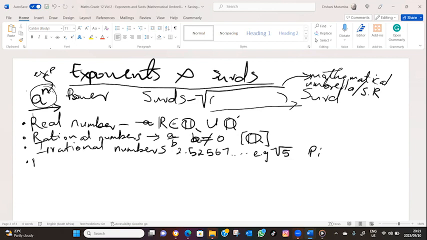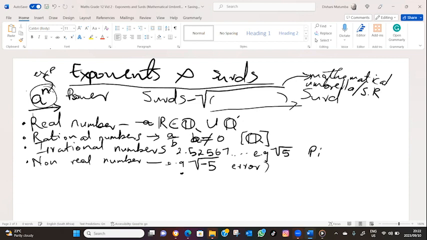And we also have non-real numbers. Now, what are non-real numbers? If you punch them on a calculator, you will get an error. E.g., these are the numbers that if you punch the square root of, you will get an error.